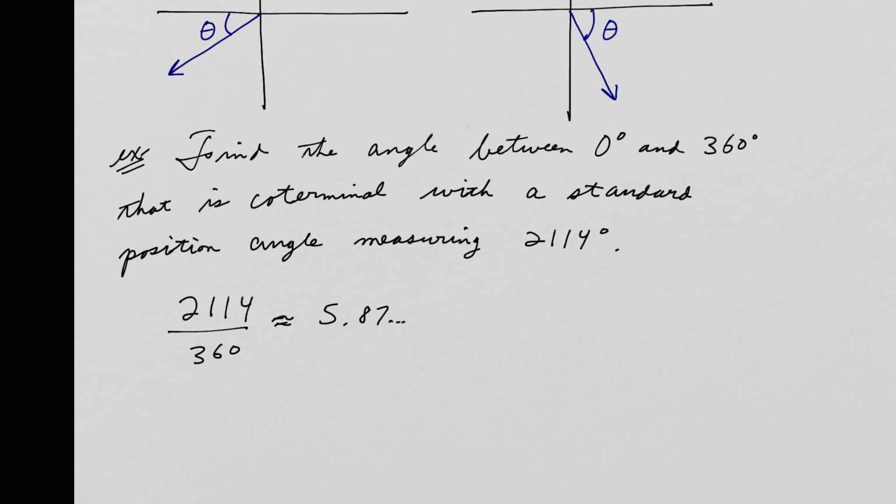Since I know it went around completely 5 times, to figure out what's left, I could say I have 2114 minus 5 times 360. That would be the angle if it went around exactly 5 times, so I need to subtract that from 2114.